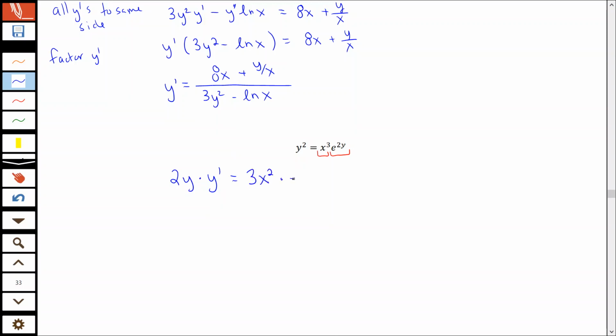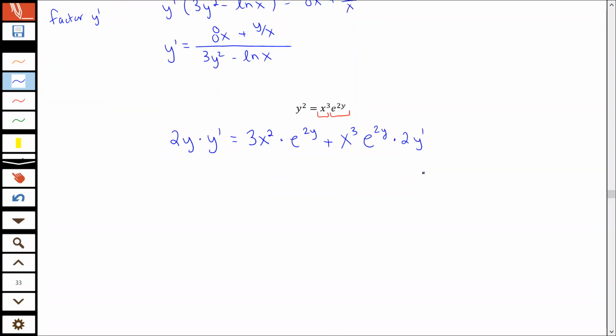We keep that second one, so it's just e to the 2y plus keep the first, so x cubed, and my derivative of the second, the derivative of e to the 2y, derivative of anything with e is we just write it down, and then the derivative of the exponent, well, the derivative of 2y is 2, but then what's the derivative of the y part? y prime.